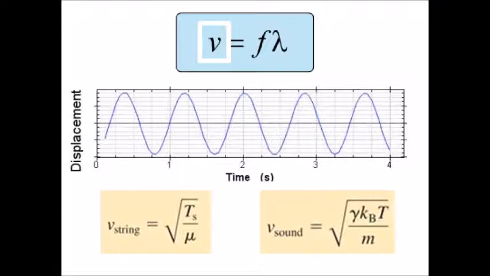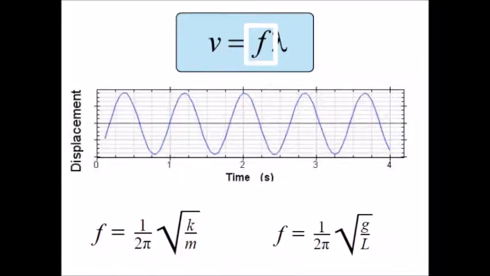Gamma is the ratio of the molar specific heat capacity of a gas at constant pressure to the molar specific heat capacity of a gas at constant volume, which is, again, something we talked about in Physics 101, and like, what is that doing in an equation for the speed of a sound wave? And that's great, but it also depends on temperature and the mass of the molecules, the type of gas that is supporting that sound wave. The key here is that the velocity of the wave depends on the medium that the wave travels in.